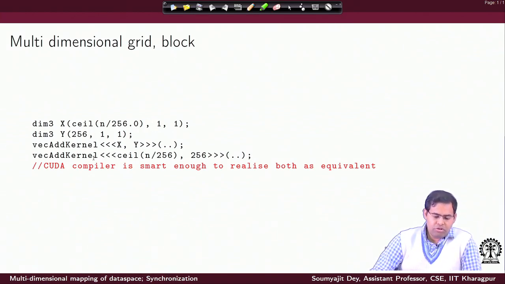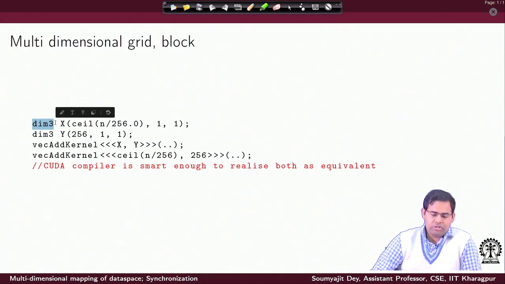So when you launch a kernel, this is a launch example of our vector addition kernel. If you remember, we are supplying these 2 parameters. These parameters correspond to the number of blocks in your grid and the number of threads per block. Since these are individually all 3D packings, both of these, x and y, correspond to the dim3 data type.